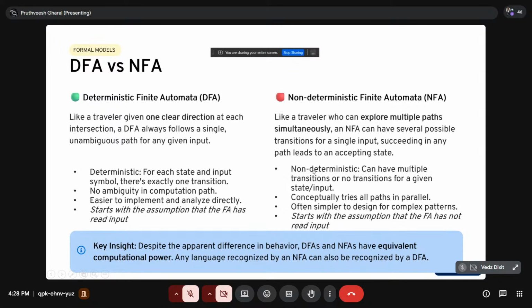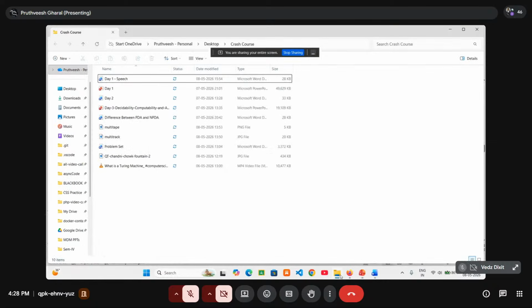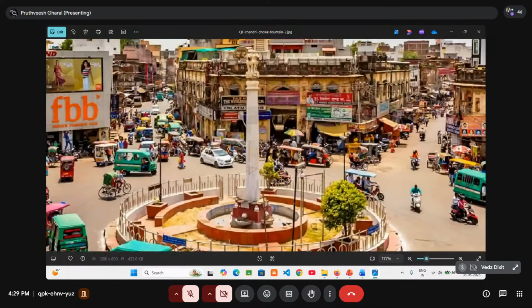Now, what is non-deterministic? Let's take the road trip analogy we discussed earlier. Let's say we are in this chalk, and our vehicle is coming from here, and we are this car.